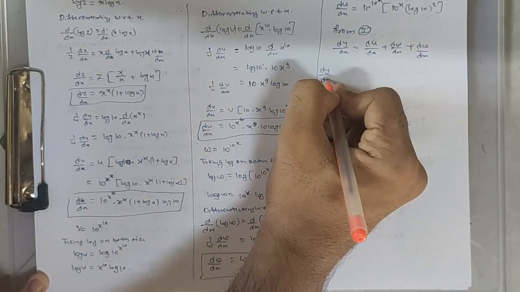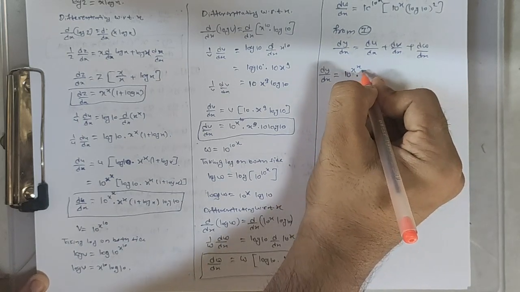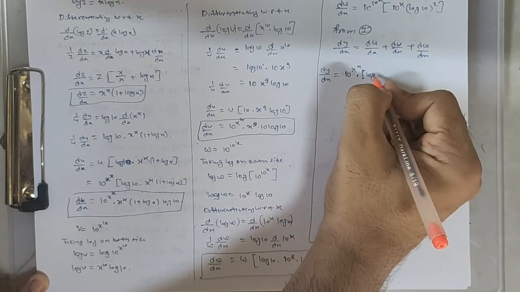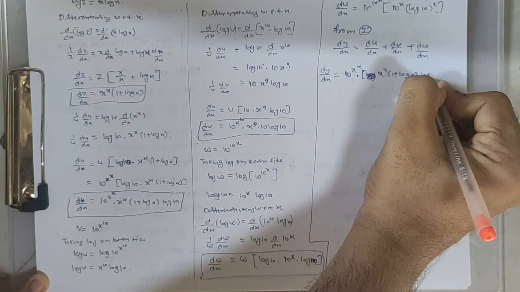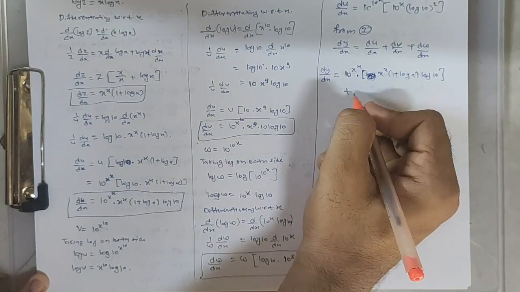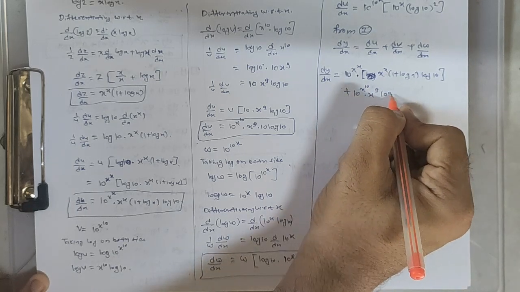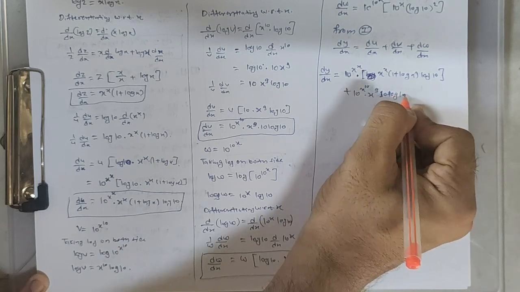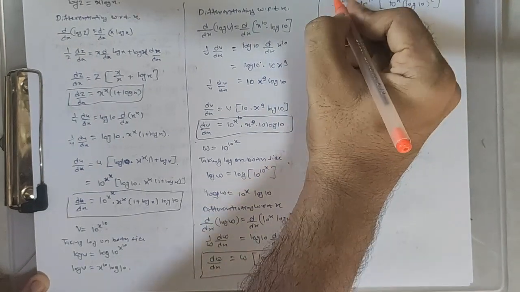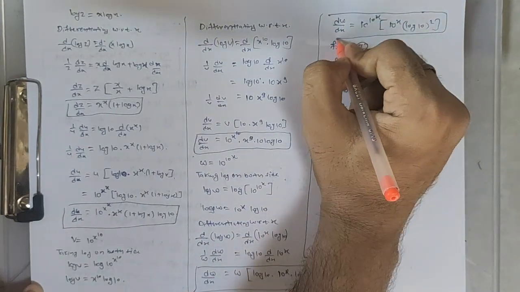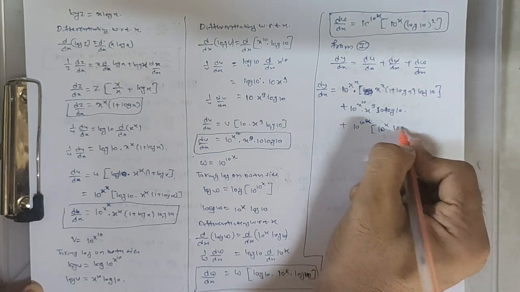So dy by dx will be 10 raised to x to the power x in bracket x to the power x, 1 plus log x into log 10, plus dv upon dx, 10 raised to x to the power 10 into x raised to 9 into 10 log 10, plus dw upon dx, which is 10 raised to 10 to the power x, in bracket 10 raised to x into log 10 the whole square.